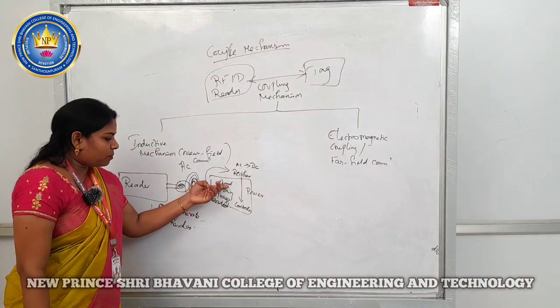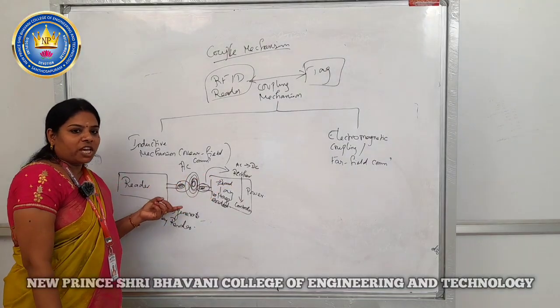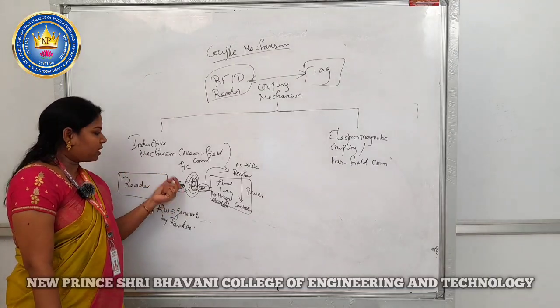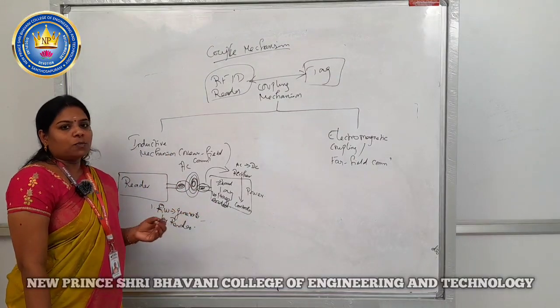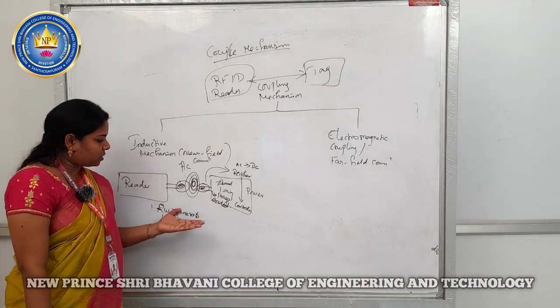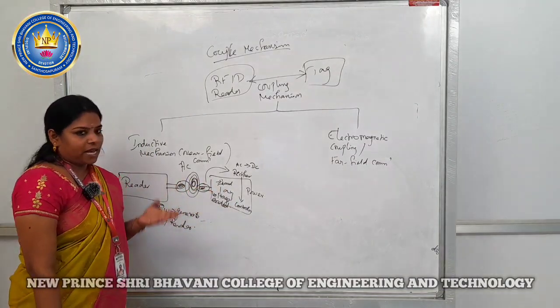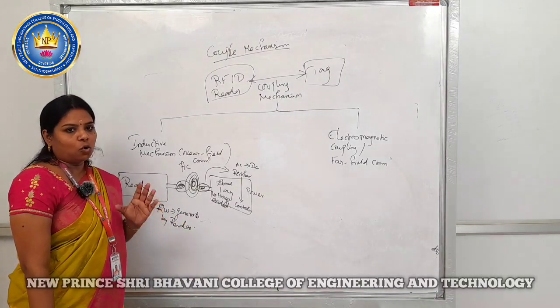And moreover, by changing the load we can change the level of the AC, that is, the magnitude of the voltage level. So by changing the load we can change the voltage of the tag that will be excited. That type of technique is called load modulation.